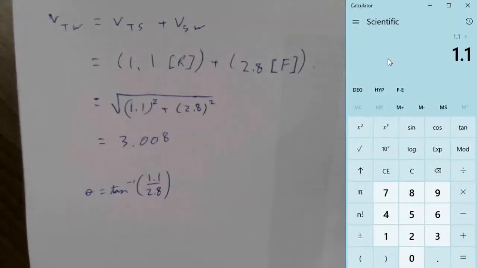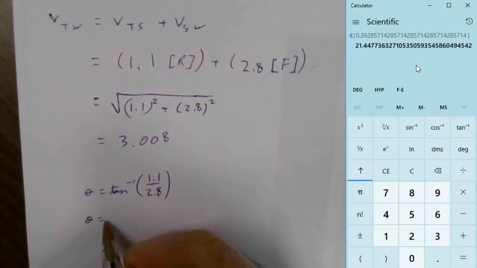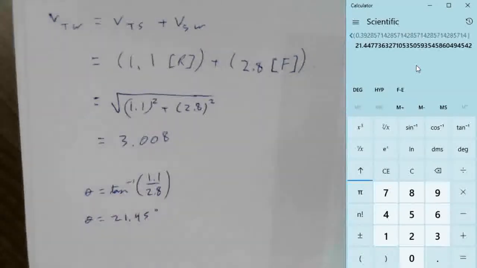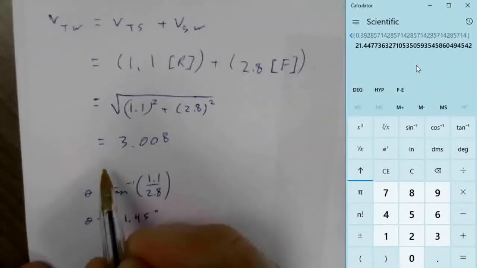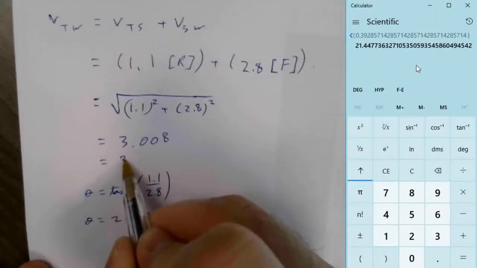So 1.1 divided by 2.8 gives us this decimal equivalent. If we find the inverse tan of that, we're left with 21.45 degrees.